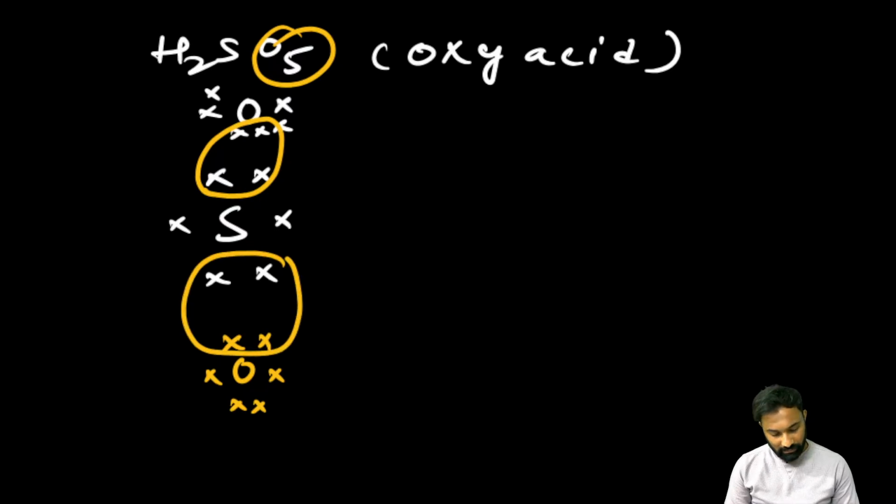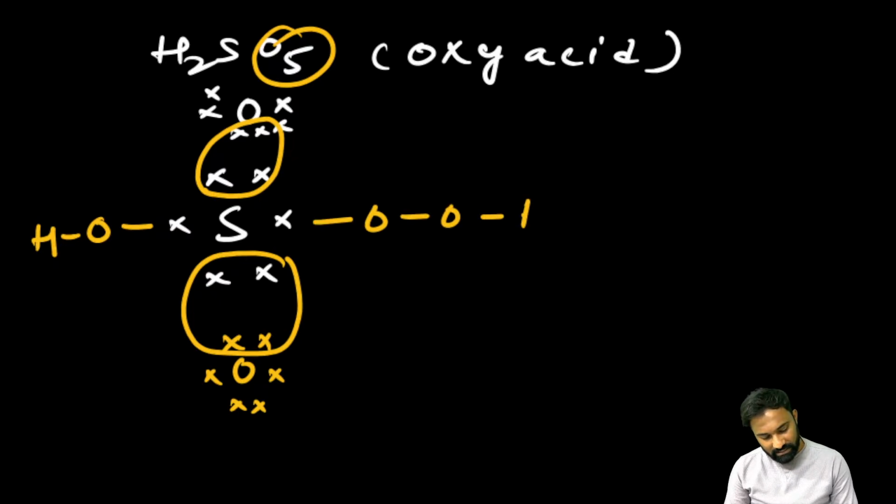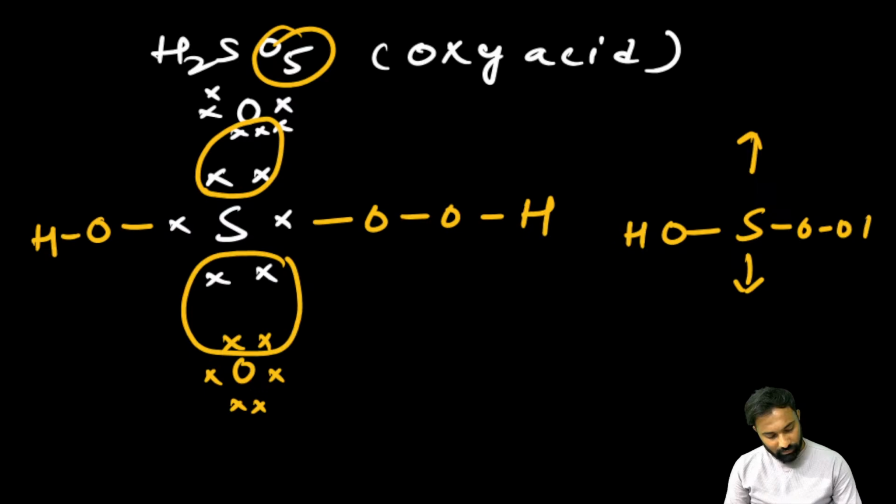Done, clear? Now remaining, we are having 3 oxygens and 2 hydrogens left, right? One oxygen will form a bond with hydrogen, and another oxygen will show the peroxy linkage as well as the bond. Now this is the structure of H2SO5.